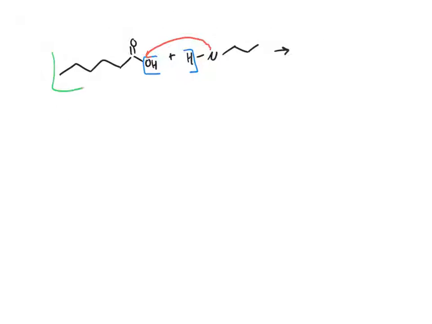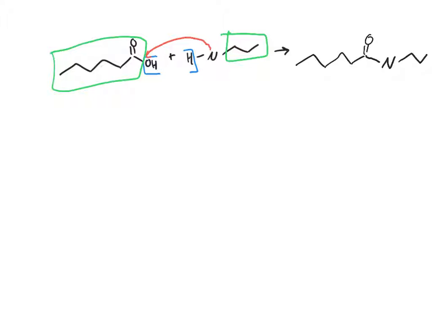And the rest of the carboxylic acid and amine simply get pulled along for the ride. And so we redraw our carboxylic acid without the OH. Instead, we attach it to our nitrogen, which then has the rest of the amine attached to that.